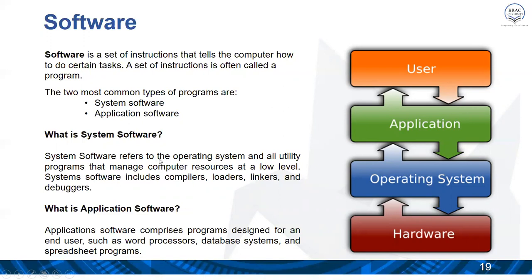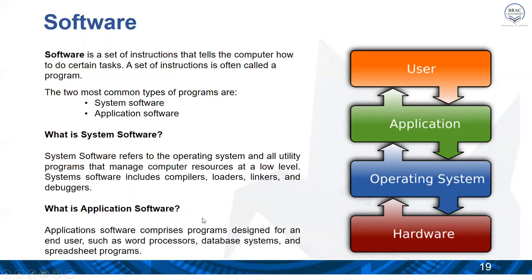System software refers to the operating system and all utility programs, as well as the driver software that manage the computer resources at low level. System software includes compilers, loaders, linkers, and debuggers, and so on.